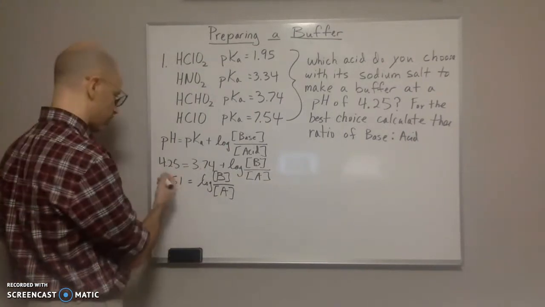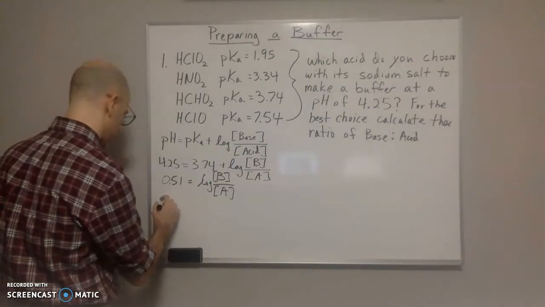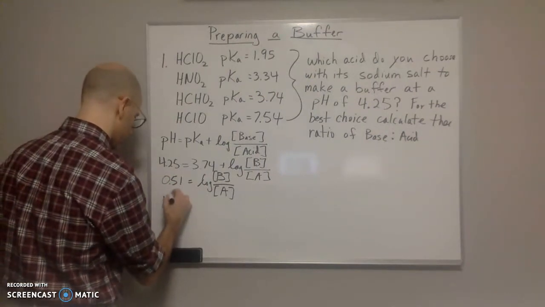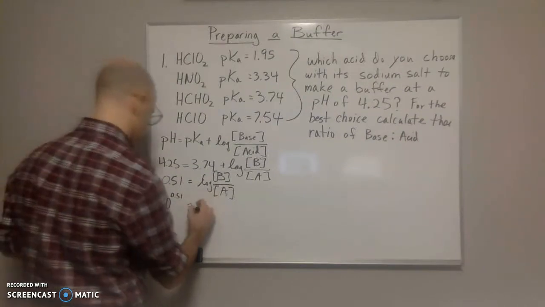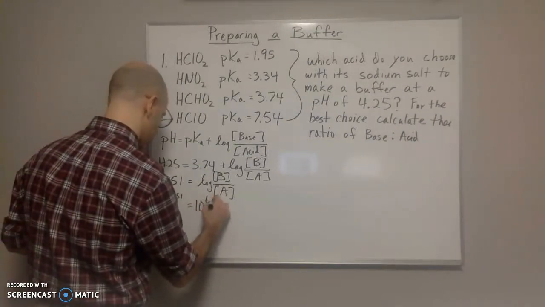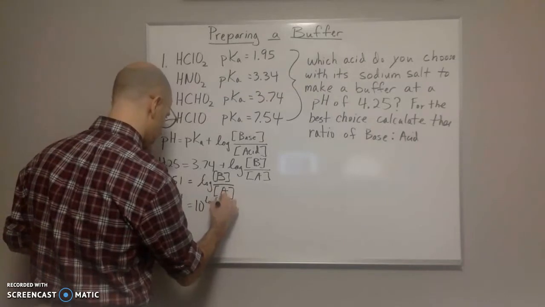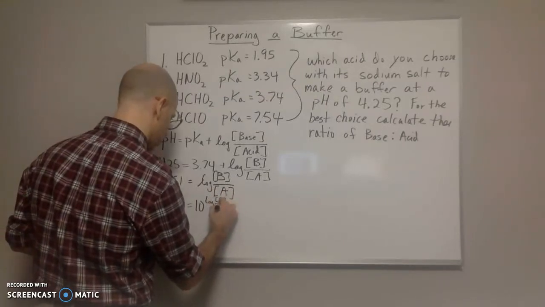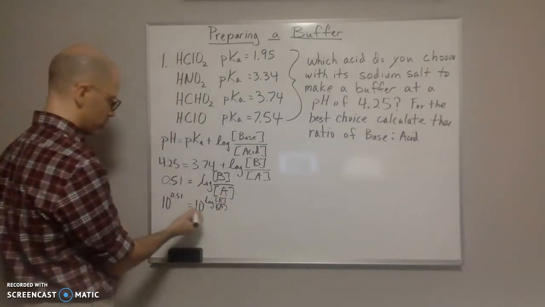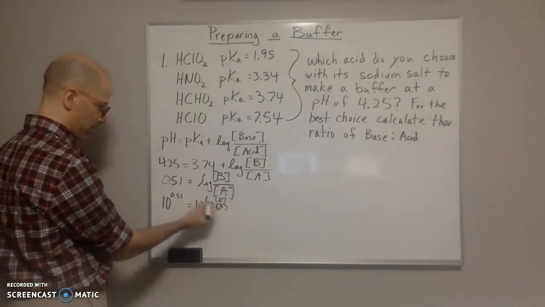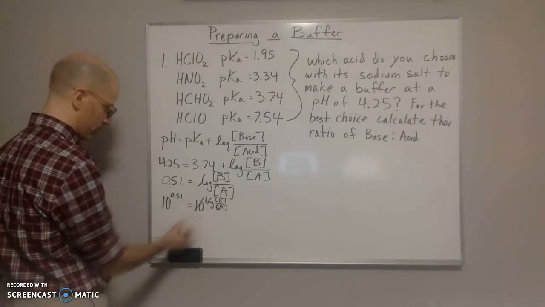So we're going to raise everything to the base 10. So 10 to 0.51 is equal to 10 to the log of the concentration of the base over the concentration of the acid. Because this is log base 10, these are going to cancel each other out.